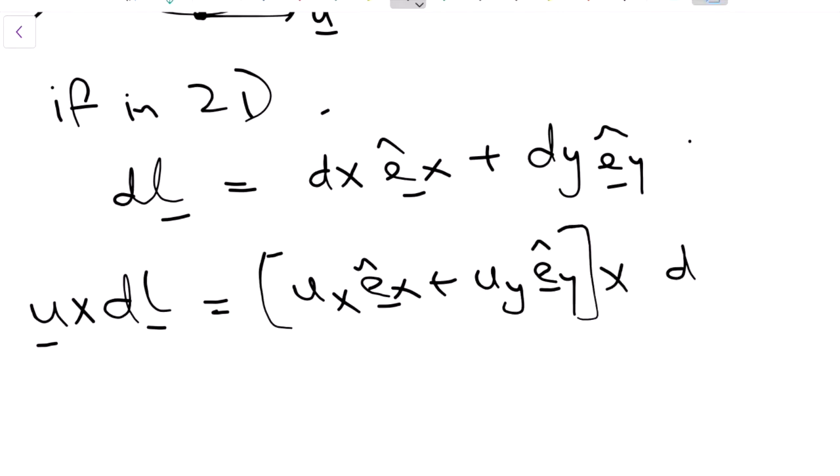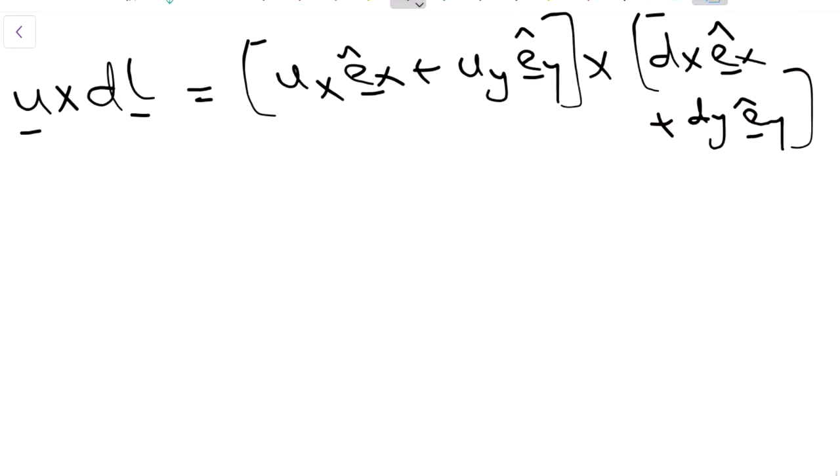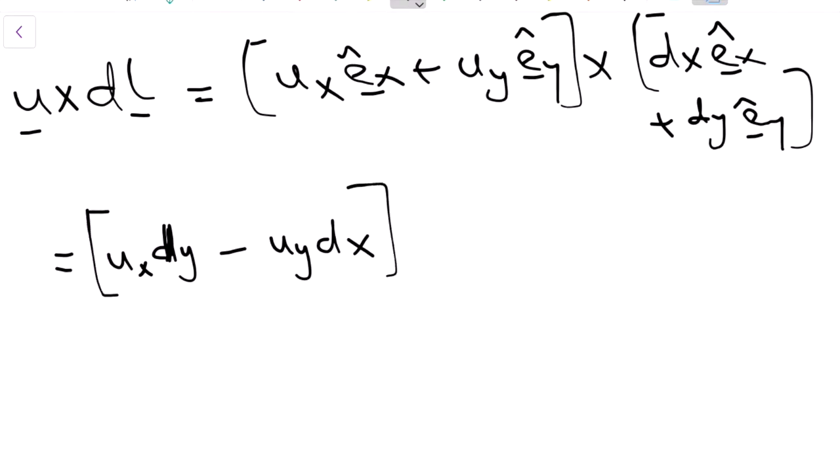crossed with dx ex plus dy ey. And what do we get? Well, we get ux dy, sorry about this, minus uy dx, and this will point in the ez direction.